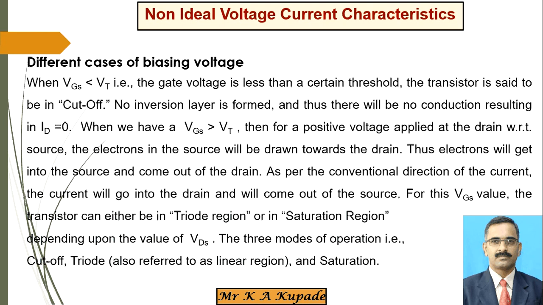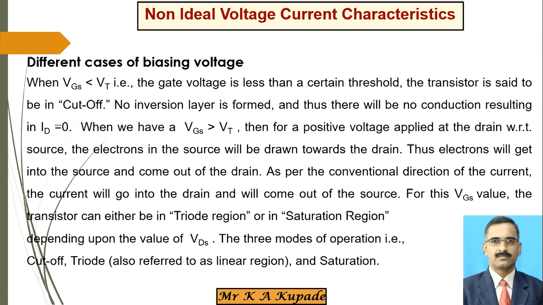I just explained that when VGS is less than VT, that is, the gate voltage is less than the threshold voltage, the MOSFET is in a cutoff position. That means no inversion layer is formed, and no current flows from drain to source.